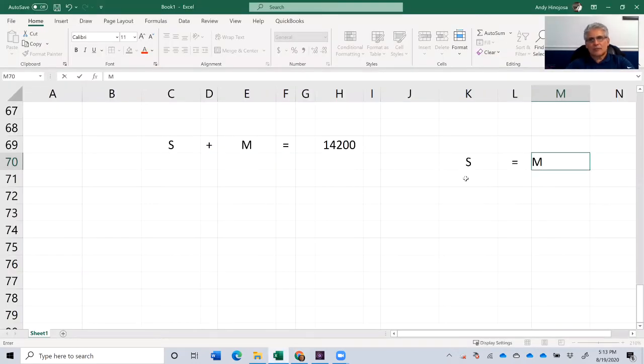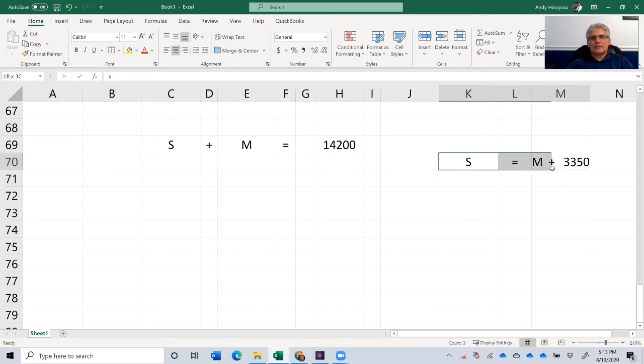So S, the Southeast region, is going to be equal to M plus 3,350. Now we still don't know how many are going to M, the Mid-Atlantic. We don't know what's going to S, but we do know that the Southeast region is going to be 3,350 more than the Mid-Atlantic.